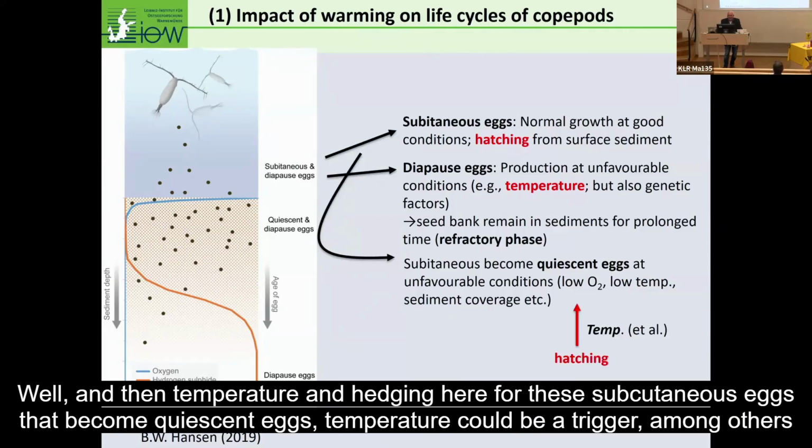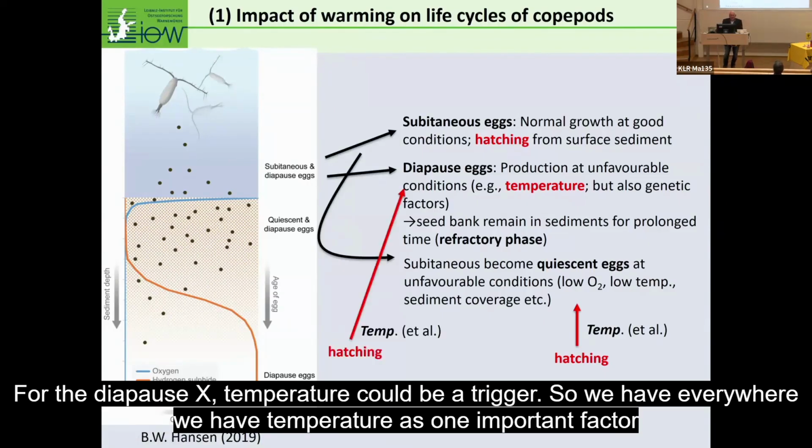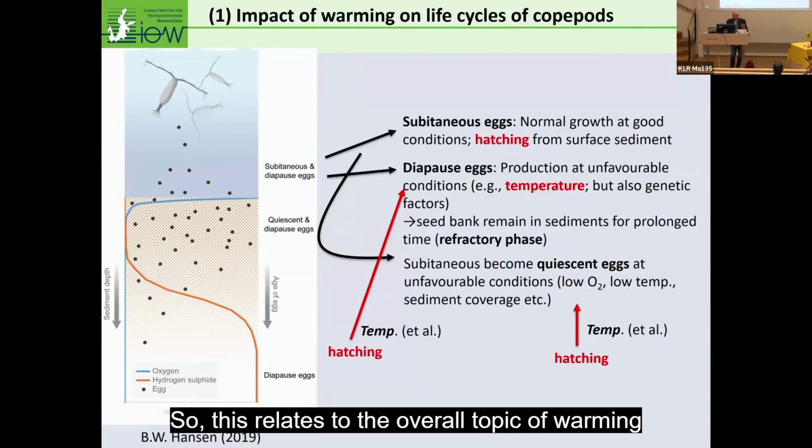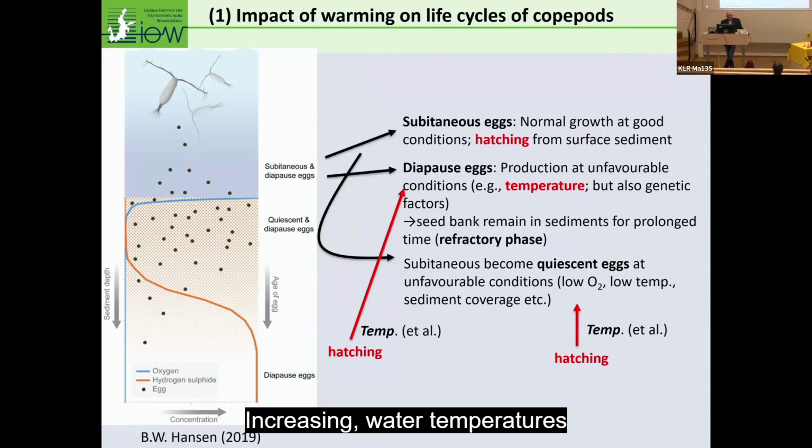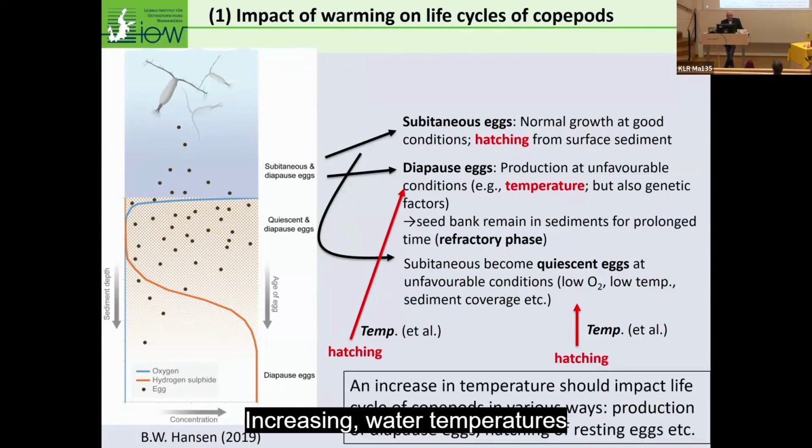Well, and then temperature and hatching here for these subitaneous eggs that become quiescent eggs. Temperature could be a trigger, among others. For the diapause eggs, temperature could be a trigger. So everywhere, we have temperature as one important factor. So this relates to the overall topic of warming and increasing water temperatures.